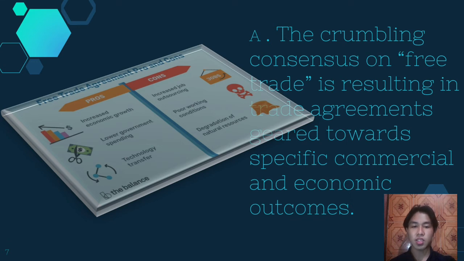A. The crumbling consensus on free trade is resulting in trade agreements geared towards specific commercial and economic outcomes. For most of the post-WW2 era, trade negotiations, multilateral, bilateral, or regional, have been conducted with a simple underlying objective: to reduce or eliminate barriers and restrictions which impede the flow of trade and investment across borders.